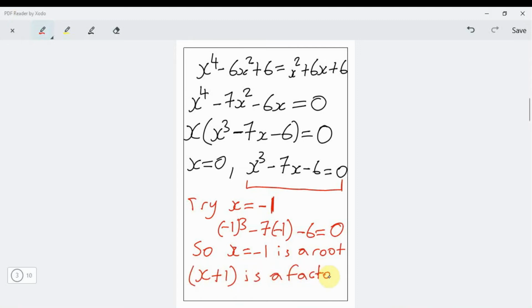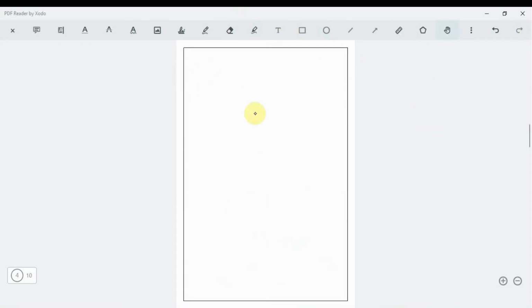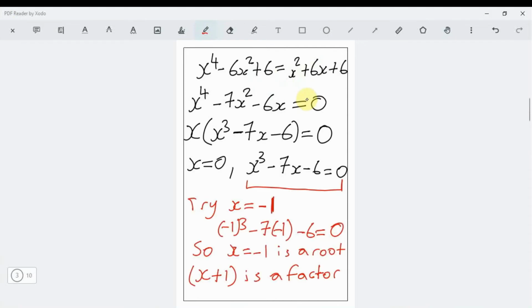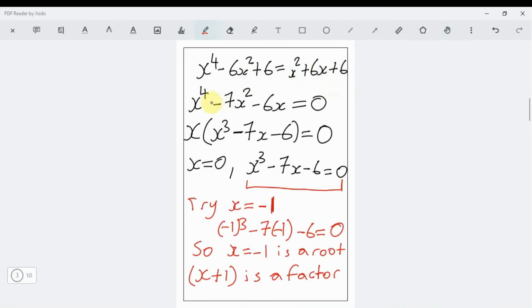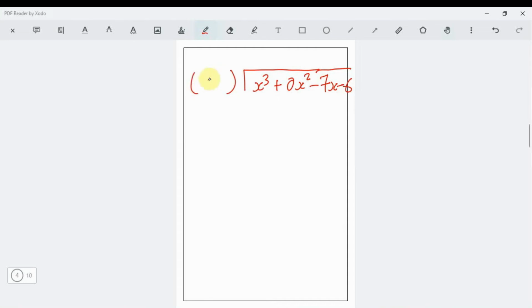Now that we know that x plus 1 is a factor, we can do our polynomial division. Setting it up, we have x cubed plus 0x squared minus 7x minus 6, and we're dividing that by x plus 1.